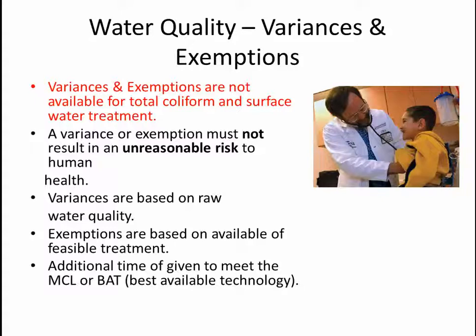The variances that we give out have to be based on raw water quality, not post-treatment water quality. And exemptions are based on the availability of feasible treatment. We do give additional time to meet the MCL. MCL stands for maximum contaminant level, or the BAT, which is the best available technology.